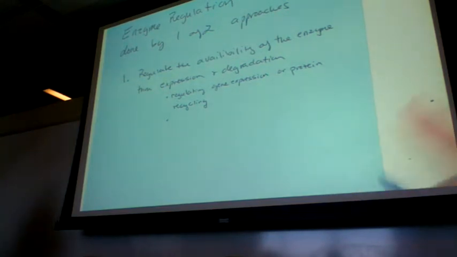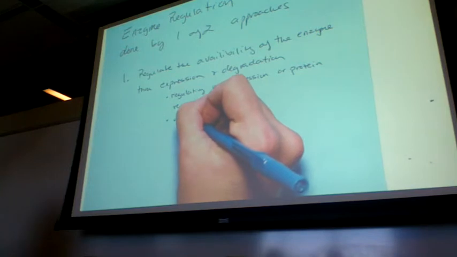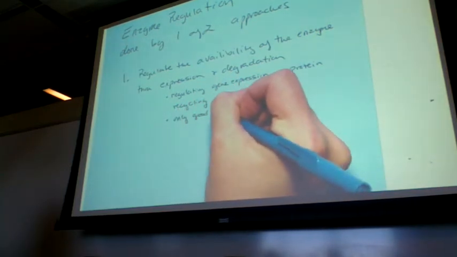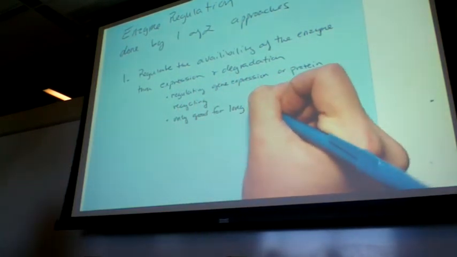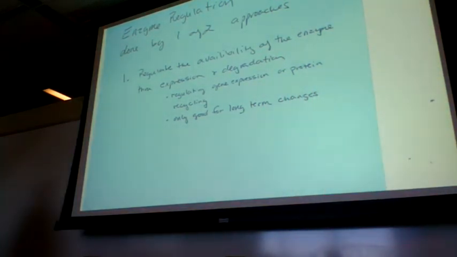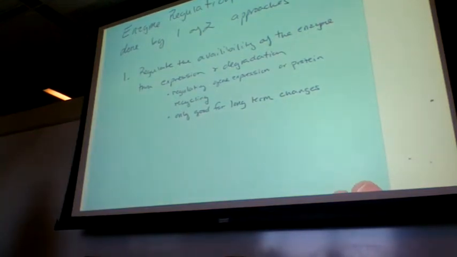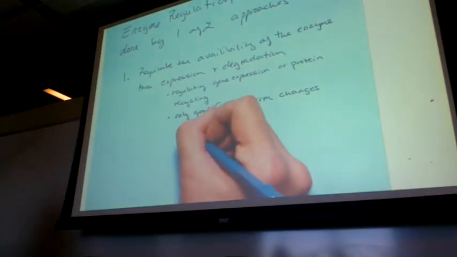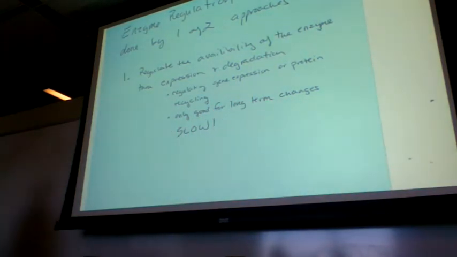This method is only good for long-term changes. Why would that be? Ideas? Why only for the long term? Really slow. Okay.